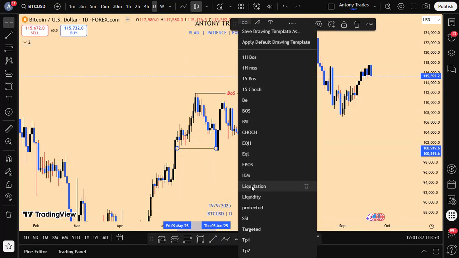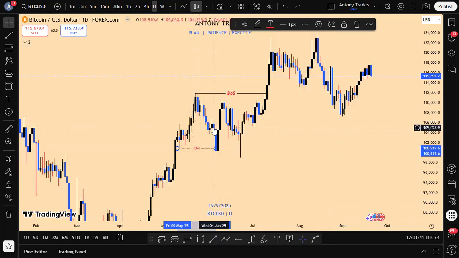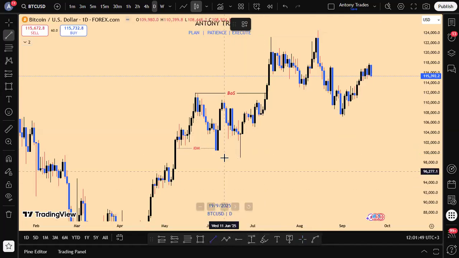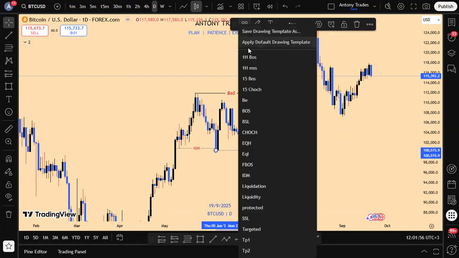You can call it an inducement. This low was induced by this candle and it tried to push up, but this liquidity was not enough. So the market had to come back again and sweep more liquidity.